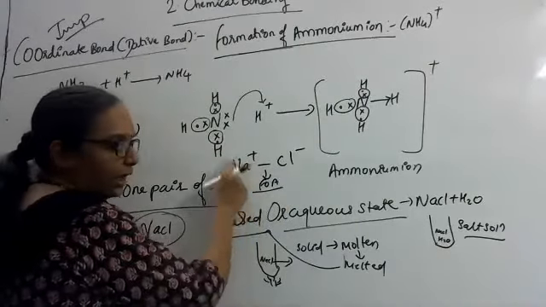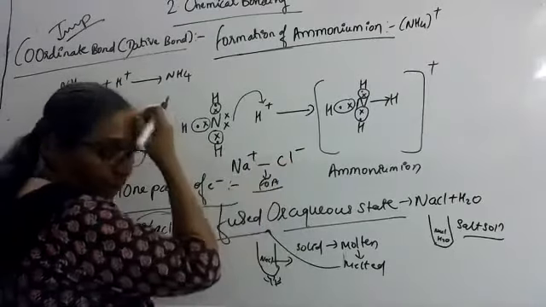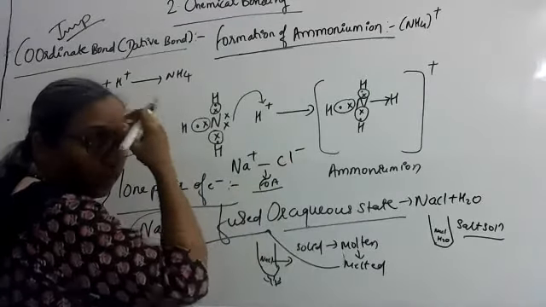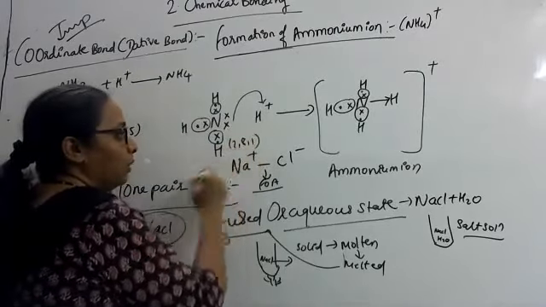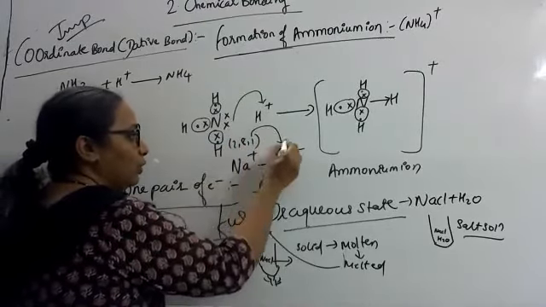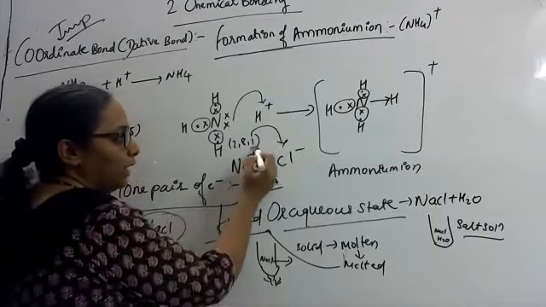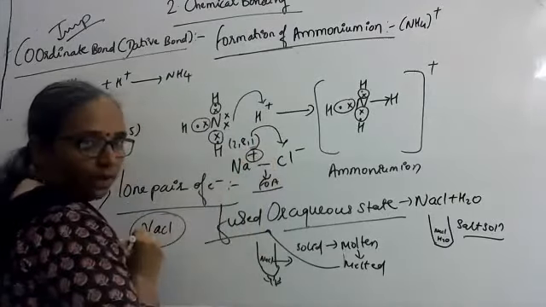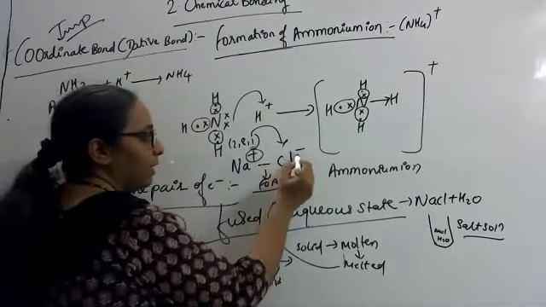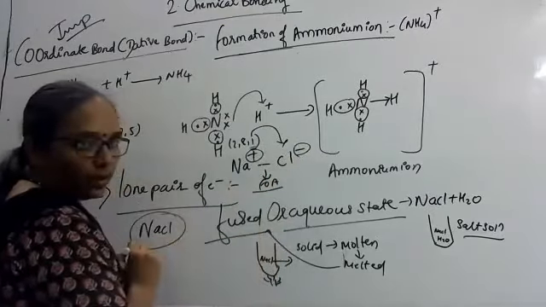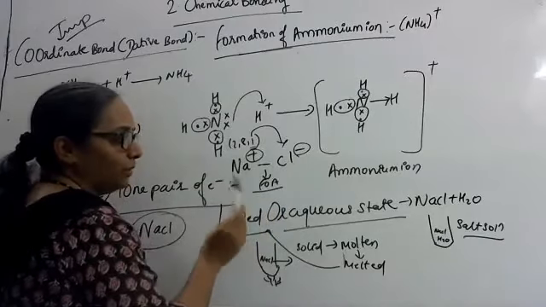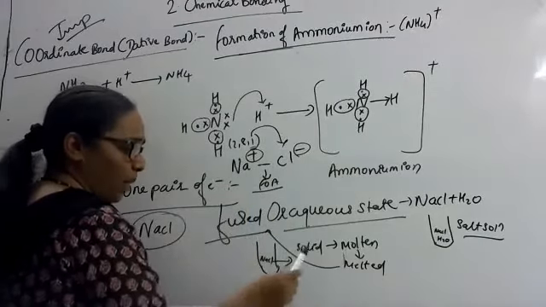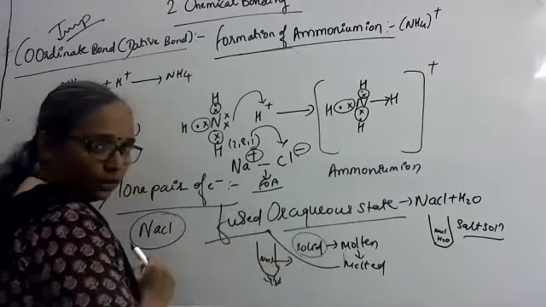Sodium जो है सारे electrons sodium को दे देगा. Okay, that is the electrons that are present in the last shell. जो 2,8,1 है sodium का electronic configuration, so it is going to donate an electron. As it is donating one electron, it is getting plus one charge. Chloride is accepting one electron, so it is getting minus one charge. So दोनों के बीच में जो electrostatic force of attraction है, when it is in solid state, it is very strong.